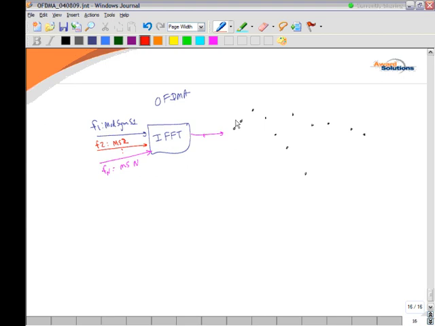Okay. Let's observe the amplitude of the signal at this time instant. The amplitude of the transmitted signal at a given time instant is a function of all modulation symbols.